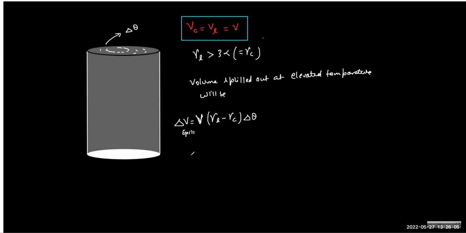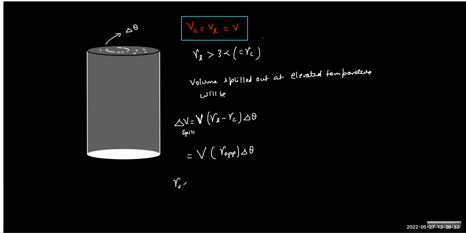Is it clear? Yes, sir. So what we are doing is we are trying to find the change in volume of the liquid and the change in volume of container. So the container will try to accommodate some value, but the rest will be thrown out. And this gamma L minus gamma container is called gamma apparent.